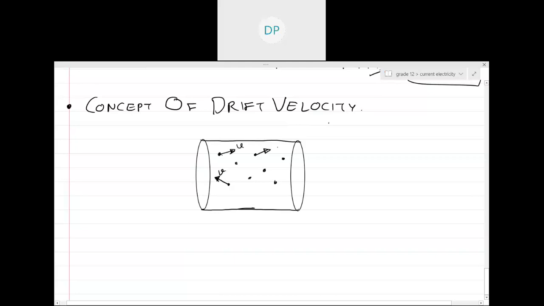Because initially, when there is no potential difference across the conductor, all the electrons will be moving in a random motion, right? So can you see all the electrons moving in a random direction? They move in such a way that the overall flow of charge becomes zero. Yes or no?